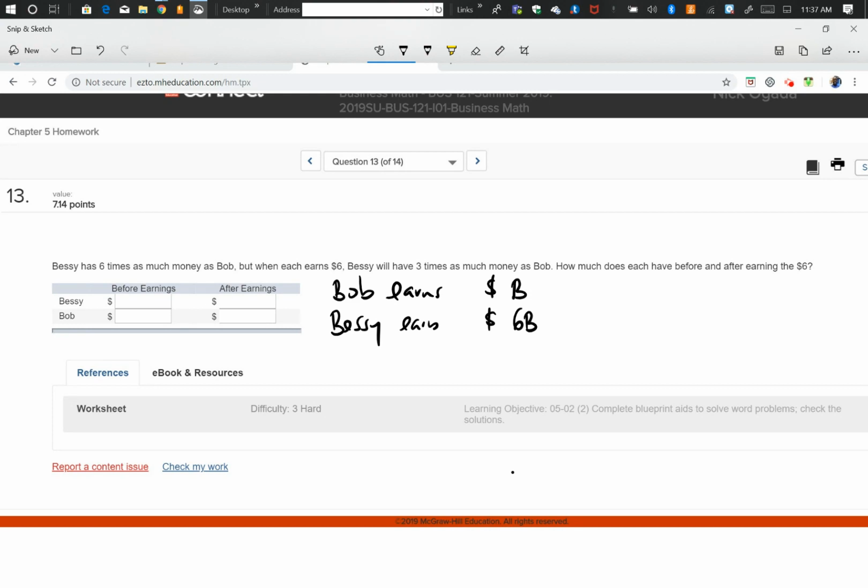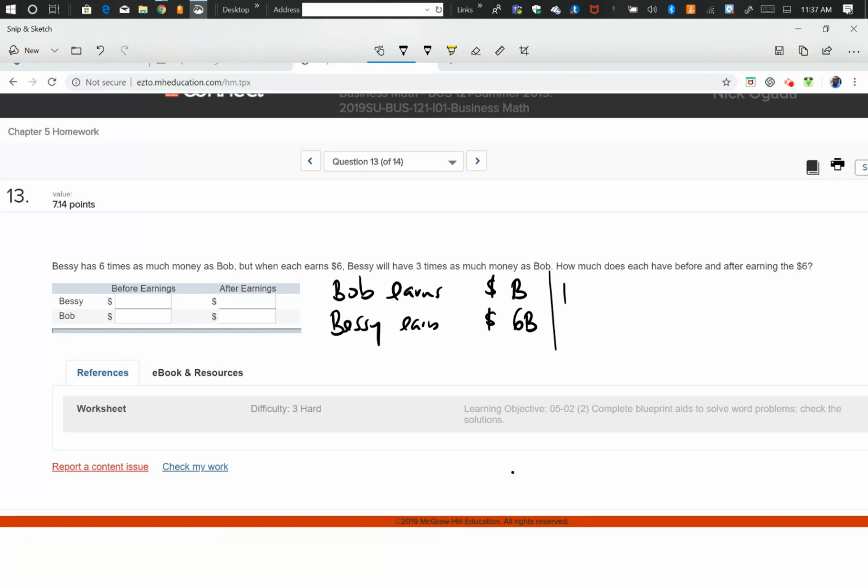Then in the second part of this problem, as you've been told, when each earns $6, then Bessie will have 3 times as much money as Bob. So they were earning, Bob was earning B dollars, Bessie was earning 6B.